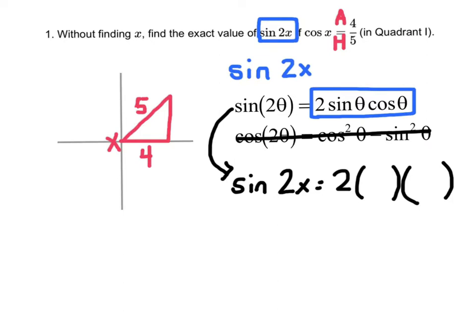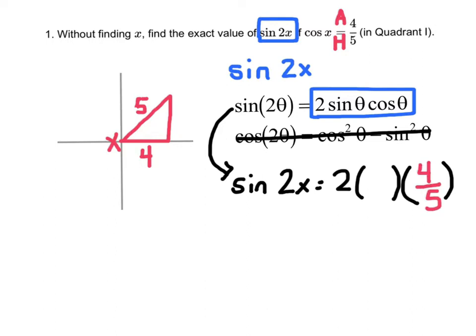What we'll need is, for sine 2 theta, 2, sine theta, gotta find that, cosine theta or cosine x, we have that already. So remember, don't write cosine 4/5. Cosine x is 4/5, so this is 4/5.